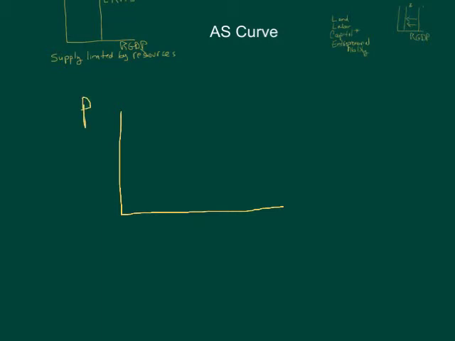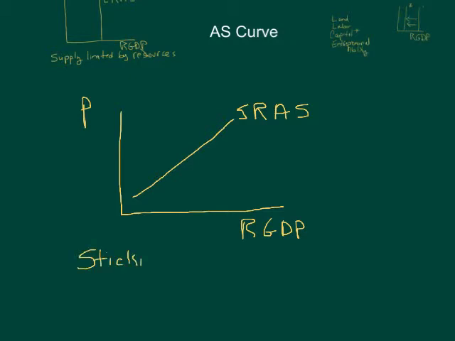Price level, real gross domestic product, and in the short run, we have an upward sloping aggregate supply curve. The reason for this is we can boil it down to one idea: stickiness of wages and prices.